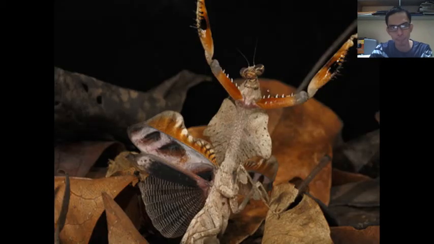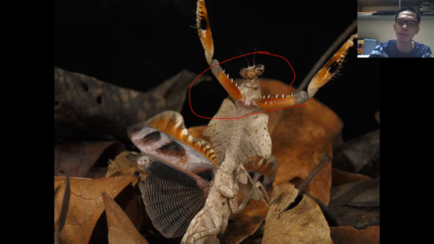Next one, an example is this praying mantis over here. The ability to camouflage is its adaptation to its environment. Changing the environment would kill off this organism. As you can see, it follows the color of the environment in which it lives.